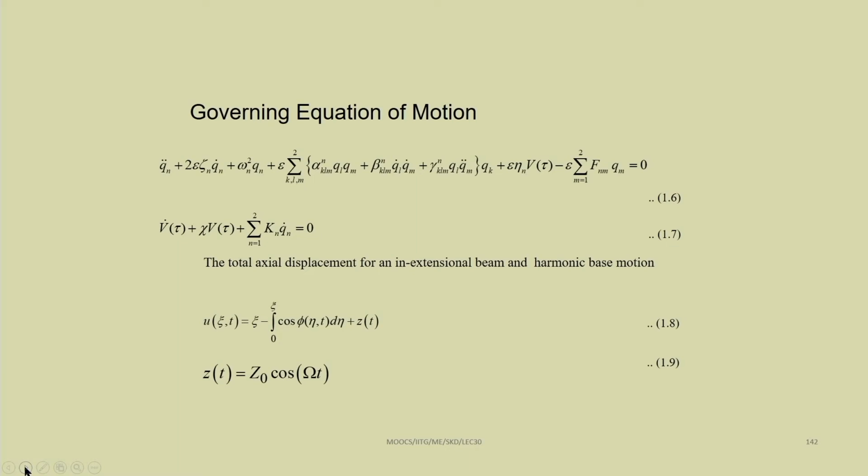You just see, in the first equation we have a coupled electromechanical system, electromechanical coupling, due to the presence of this term, epsilon eta n V(tau). This is the voltage term, the electric term.